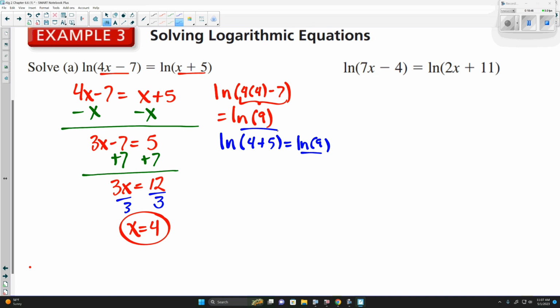Now both sides do give us the same value. And what's inside the parentheses is positive. It's not 0 or negative, because again, what's inside the logarithms cannot be 0 or negative. Even if it gives us the same value on both sides, it cannot be negative or 0. So here, x equals 4 is the solution. Any questions on any of this here?